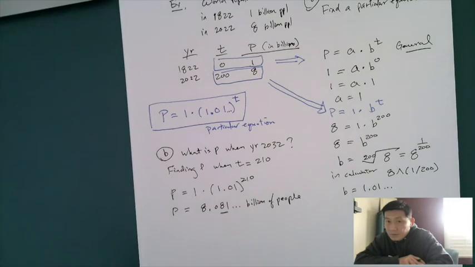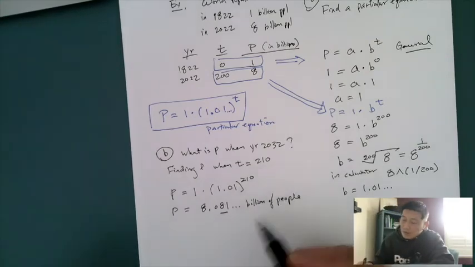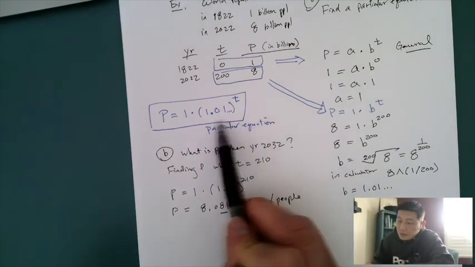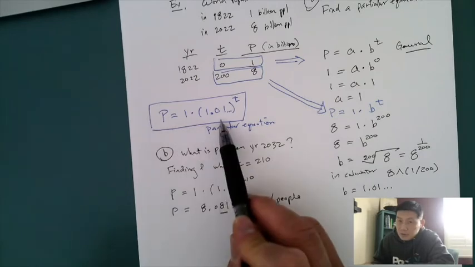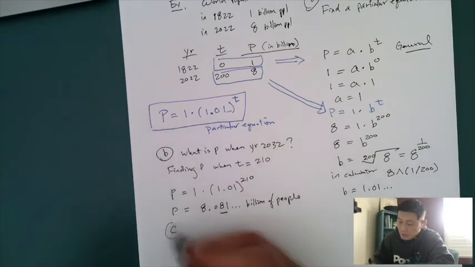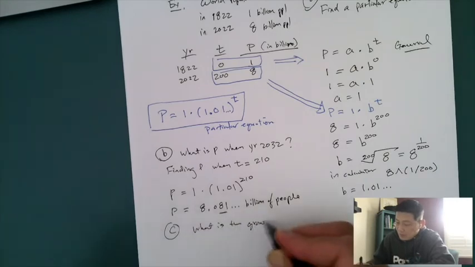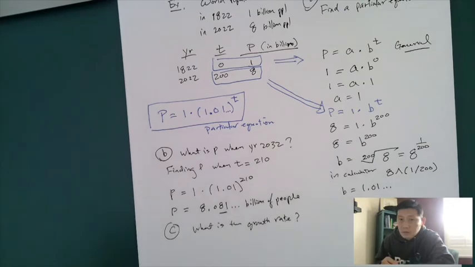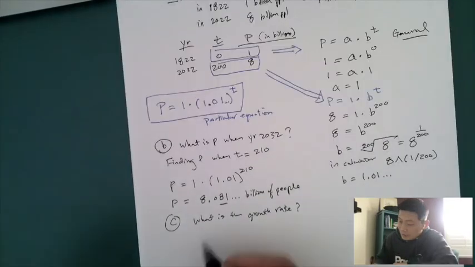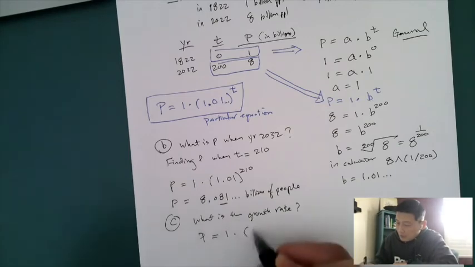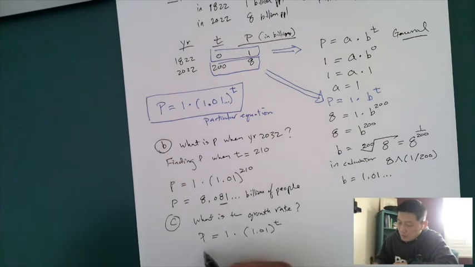Now, let's take a look at this, right? If this is a particular equation right here, part C: what is the growth rate? Well, if you look at this, our particular equation is P equal to 1 times 1.01 to the T. And the general equation is y is equal to a times (1 plus r) to the t power.